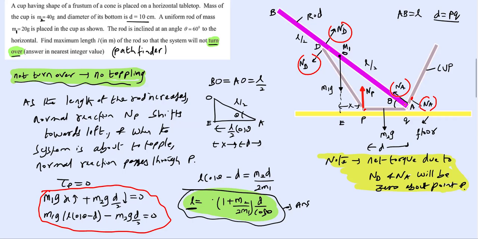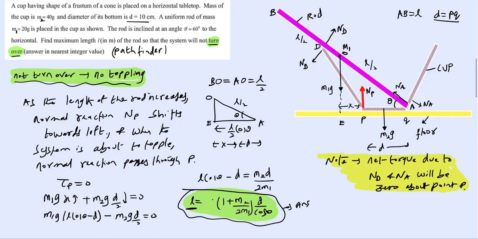Similarly, the rod is in contact with the cup here, there's also normal contact at D, so why is there no torque about point P? Then why will the normal reaction shift? Because it is about to topple about point P. This is one basic idea of toppling: the normal reaction will shift. We use this in many problems.